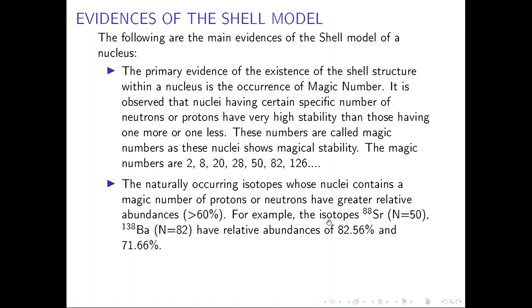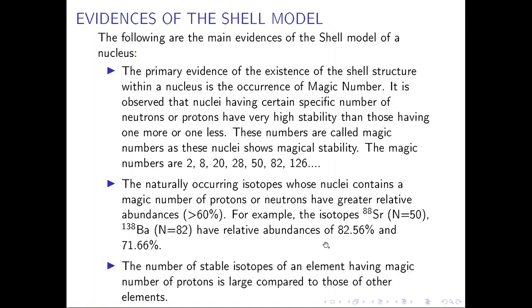For example, the isotopes 88 strontium, here N is equal to 50, and 138 barium, N is equal to 82, have relative abundances of 82.56% and 71.66%. This is because the nuclei of these isotopes have a magic number of neutrons and hence they are very stable. So comparatively much more stable, and hence their relative abundances are high.